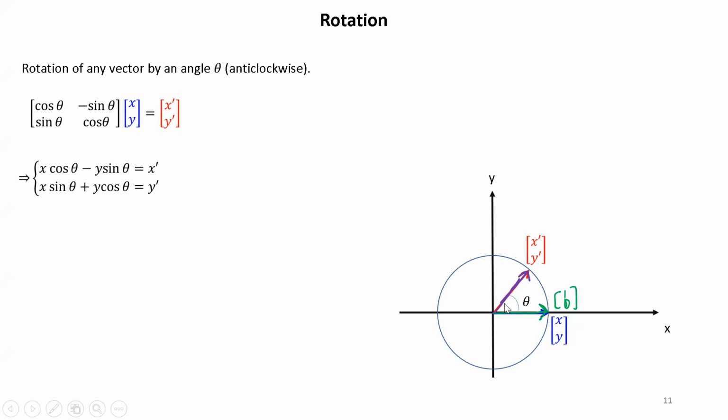Rotation does not change the length, so this length is still 1, and that's why the x component of this rotated vector is cosine theta, and the y component is sine theta. That's why this 1, 0 will give you cosine theta and then sine theta.